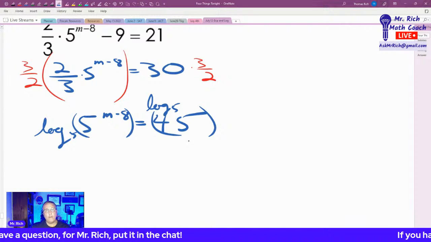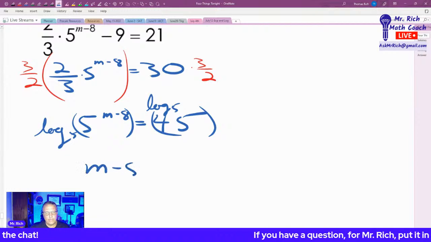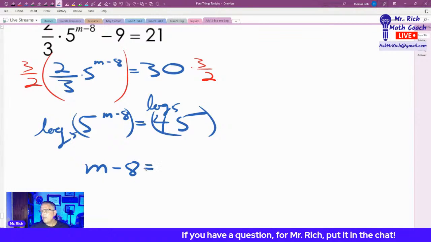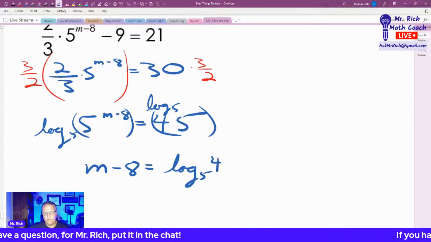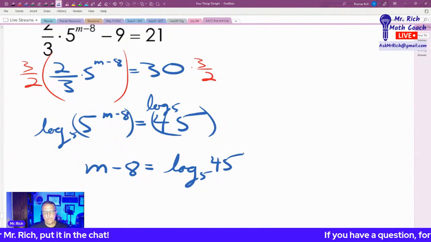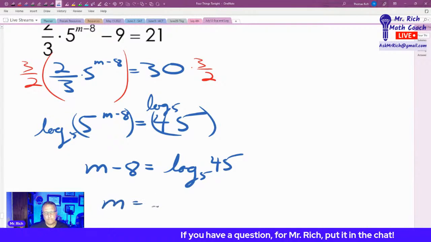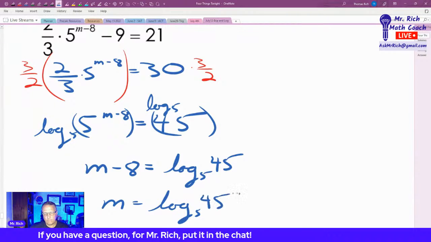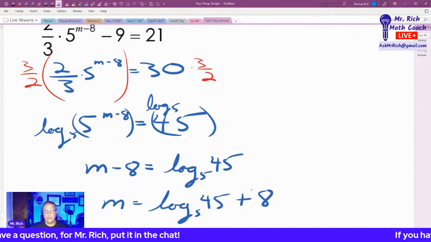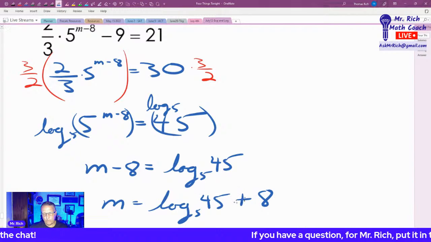So log base 5 of 5 raised to the m minus 8 is just my m minus 8. And then over here, this is log base 5 of 45, and add 8 to both sides. And that's my answer.